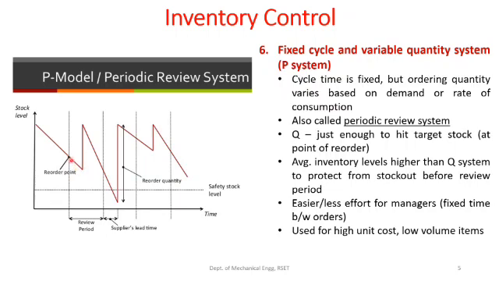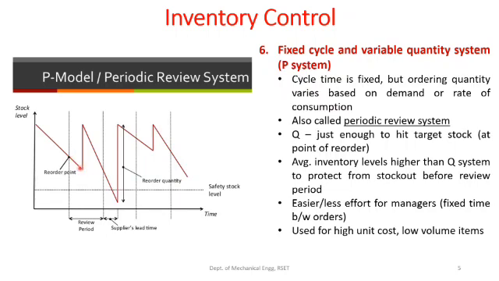Whenever you place an order, in most cases the supplier will not be able to supply the item instantaneously, so it takes some time. During that period, items are also being consumed. The lead time is the time between the reorder and the delivery of that refill order.